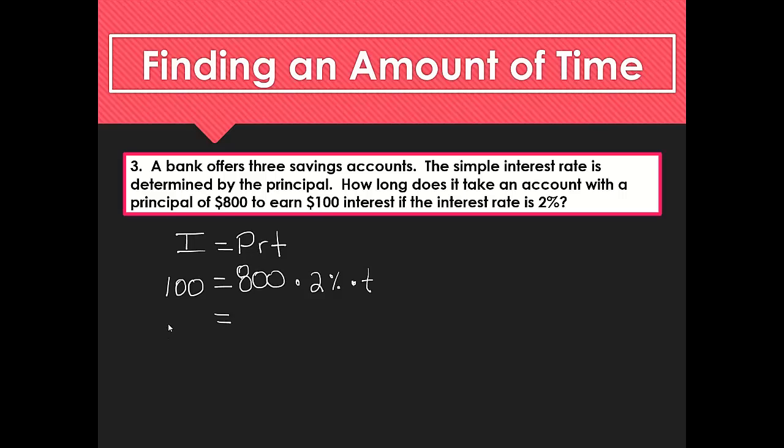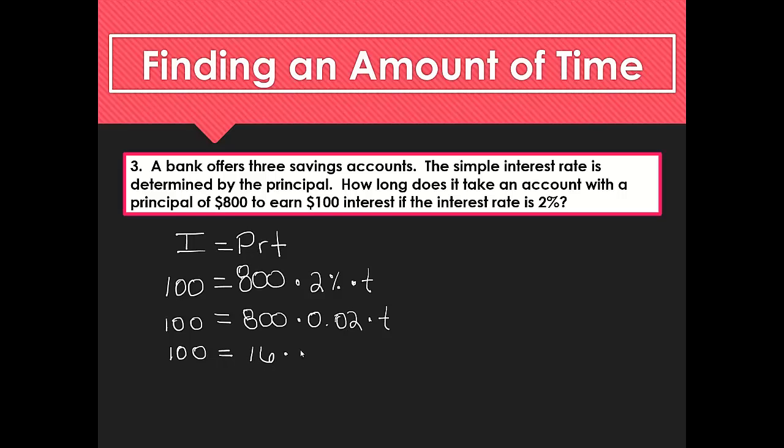So we're going to have that 100 equals 800 times 0.02 or 2 hundredths times t. So we have 100 equals 800 times 2 hundredths is 16.